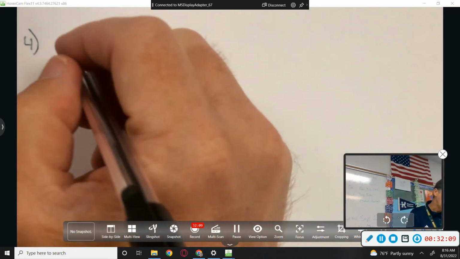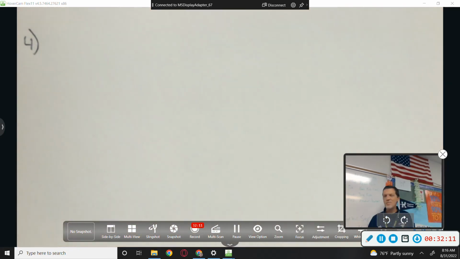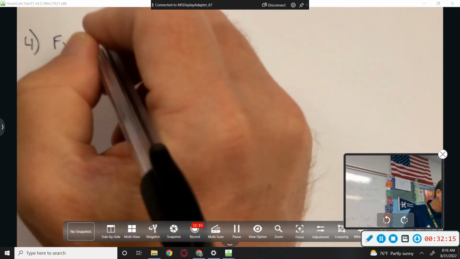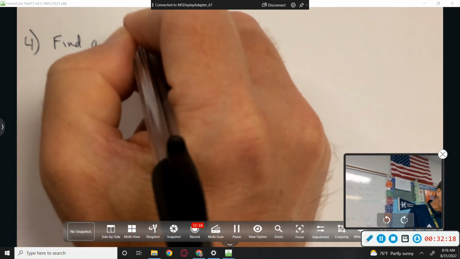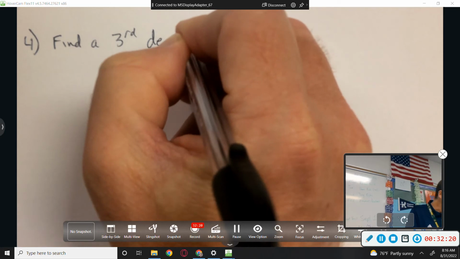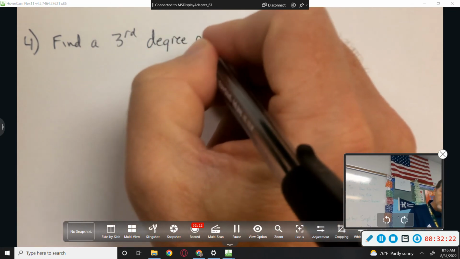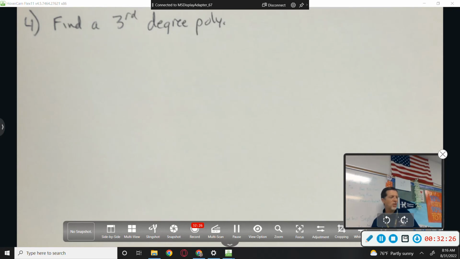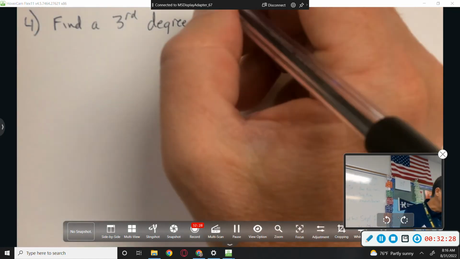I don't know which came first, the notes or the worksheet, but they're matching too closely. Good news for you. Let's find a third degree. You don't change anything. Don't change anything. I'm changing things for future reference.